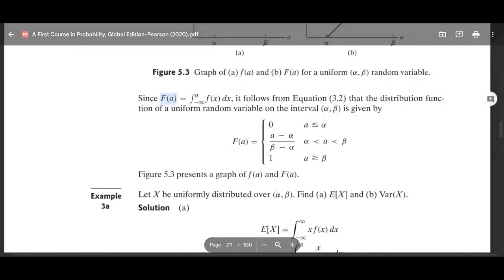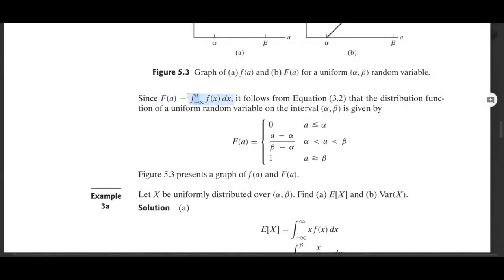So the cumulative function F of a is the integration from negative infinity up to a of the density function. And a of course is in between alpha and beta. If a is less than or equal to alpha, it's 0.